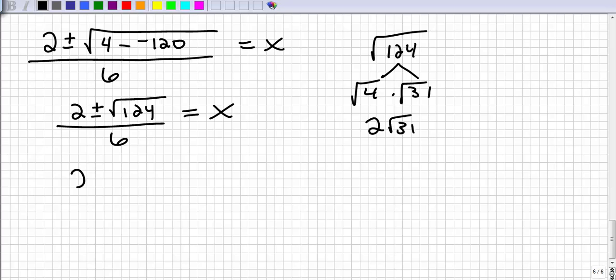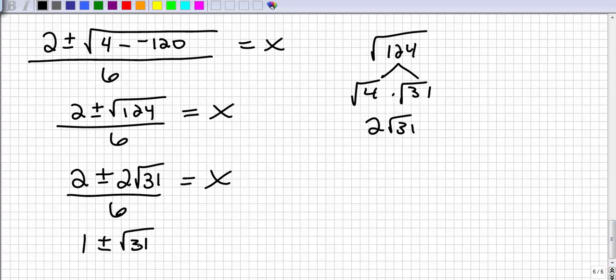So let's simplify that. 2 plus or minus 2 square root 31 all over 6 equals x. And since 2, 2, and 6 all have a common factor of 2, we can reduce them all by dividing by 2, and we get 1 plus or minus square root of 31 all over 3.